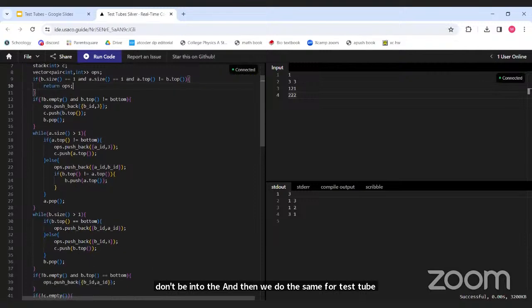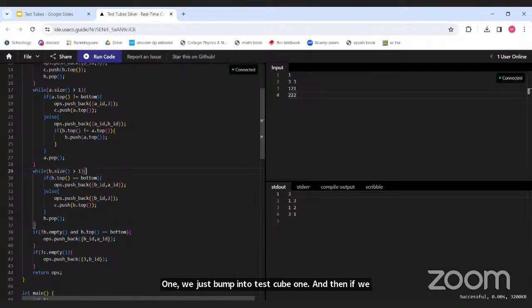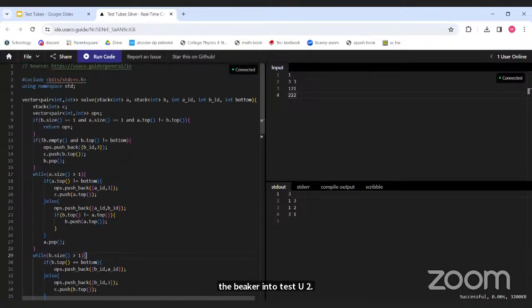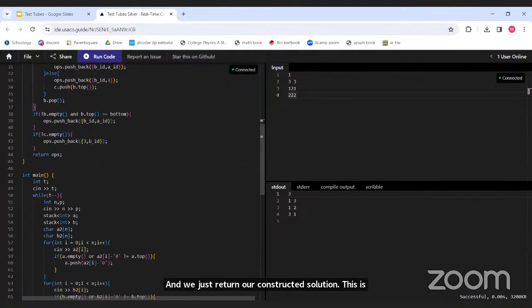If it's equal to the bottom of test tube 1, we dump it into the other tube. Otherwise, we dump it into the beaker. At the end, if the bottom of test tube 2 is the same as the bottom of test tube 1, we dump it into test tube 1. If we have stuff in our beaker, we dump it from the beaker into test tube 2. Then we return our constructed solution. This is basically exactly what I explained earlier.